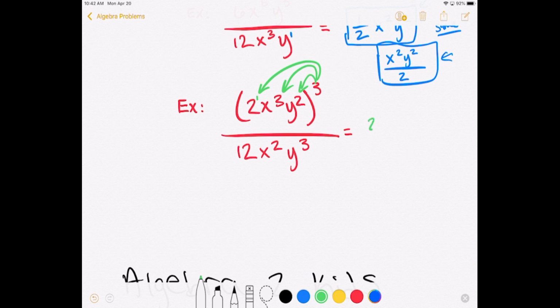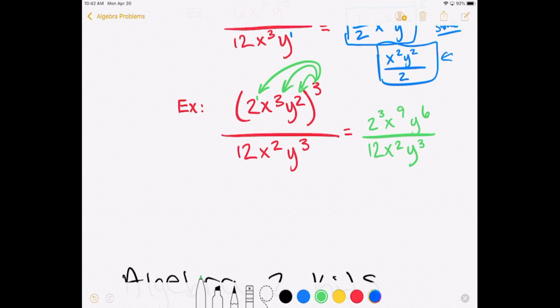So on the top, I have 2 cubed, x to the 9th, and y to the 6th, because when I take an exponent outside of parentheses and bring it on the inside, I'm going to multiply those exponents. The bottom is not changed right now. So we have to fix that first, just like PEMDAS. Do your outermost exponent. You have to get rid of exponents before you can simplify. So I had to get that exponent inside of the parentheses.